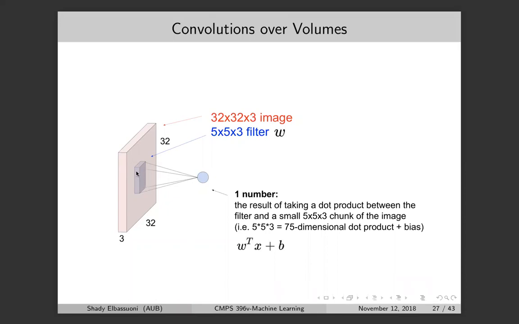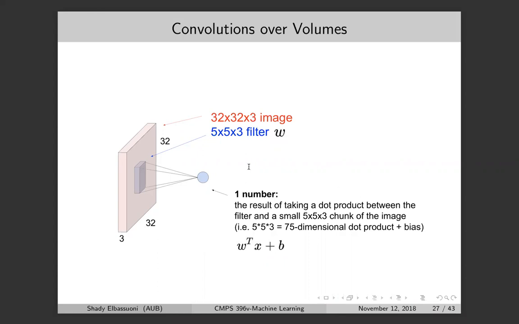I'm moving the filter across the image, and this is one neuron or one activation. Basically, it's just the sum of weight times pixel value, weight times pixel value, weight times pixel value, done across the different depths. So the result is a 75-dimensional dot product.